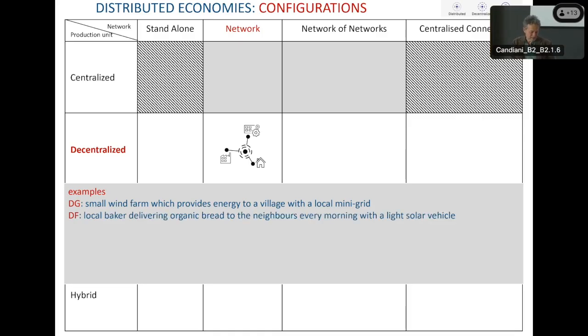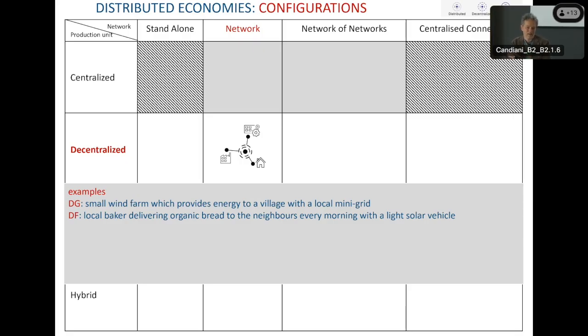And I have another example again related to food, what I put here, a local baker delivering organic bread to the neighborhood, but he is organizing this, taking the bread with a solar vehicle that he has purchased or maybe has taken as a PSS. So it is again decentralized, nearby.